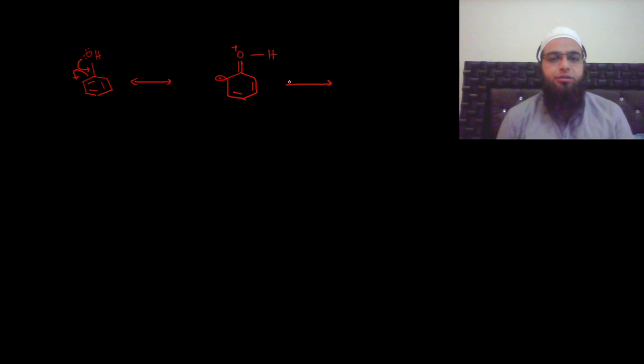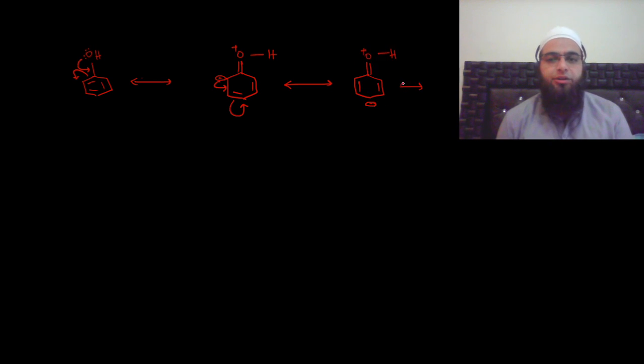So the next resonance structure we can draw. These electron pairs are capable of moving. They will move towards this carbon bond. As a result, these electron pairs will move towards the para position, to this para carbon. We have a negative charge on this carbon, and there is a double bond between this carbon and this, and the rest of the molecule is intact.